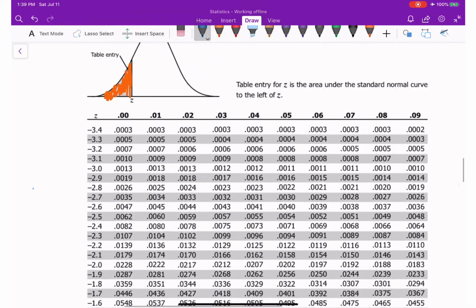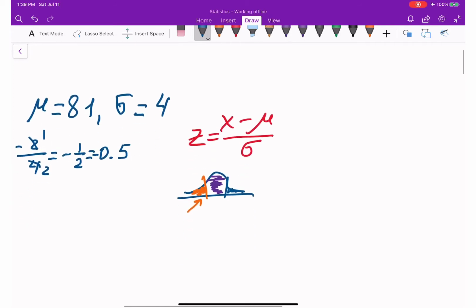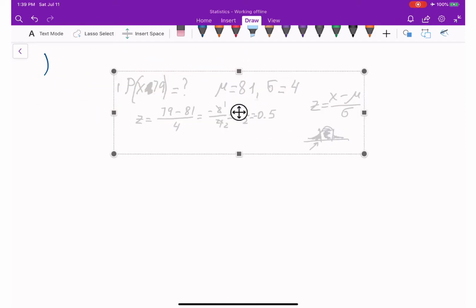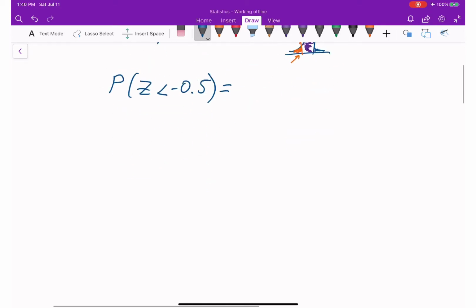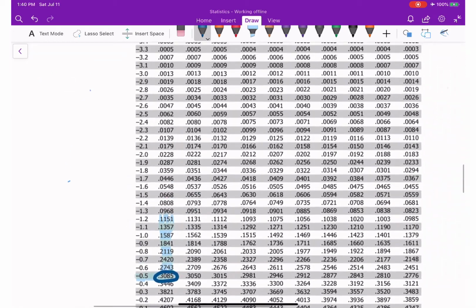So the probability for z-score less than negative 0.5 is equal to, how much did we get? I forgot. 0.3085.